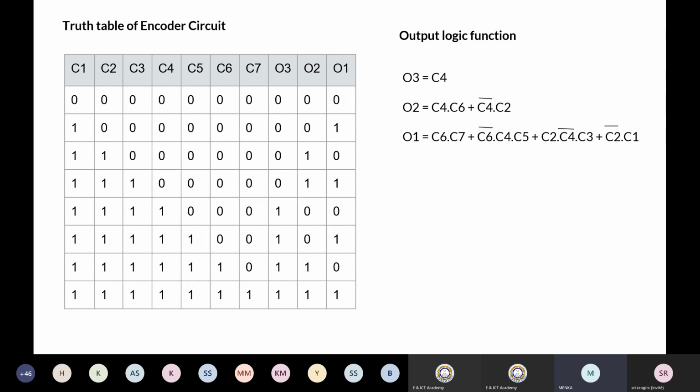Now, if all of these are zeros, our output is 0, 0, 0. If C1 is 1, the output is 0, 0, 1. And likewise, the number of ones corresponds to the digital output in terms of bits. So this is what you will be getting.